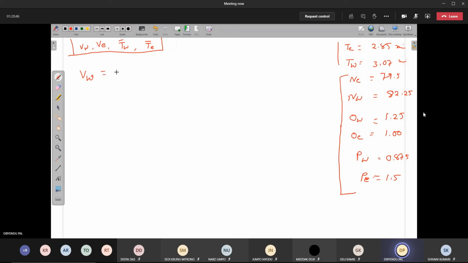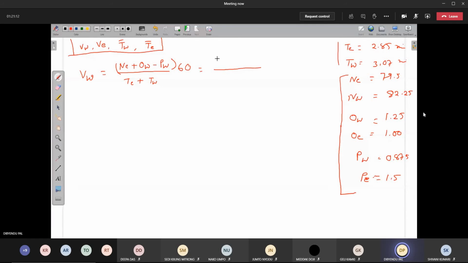BW is equal to, as we said a few minutes back, NE plus OW minus PW divided by TE plus TW. To convert this into per hour, I have to multiply it by 60, otherwise it will be per minute. Now put in all the values.